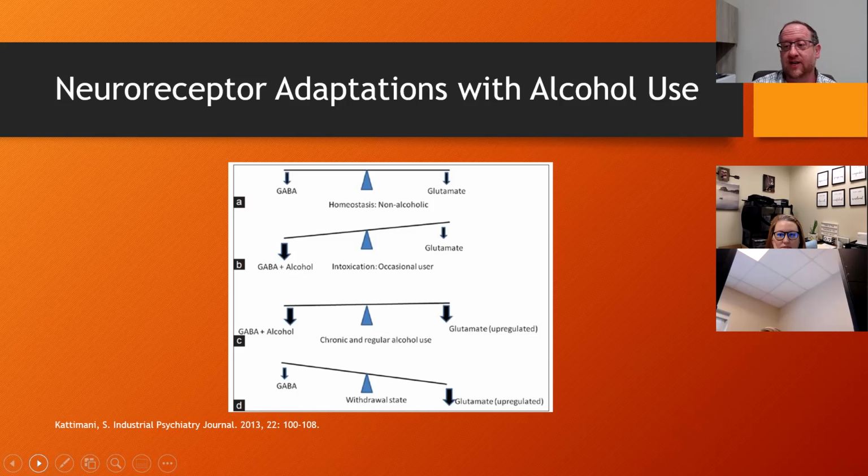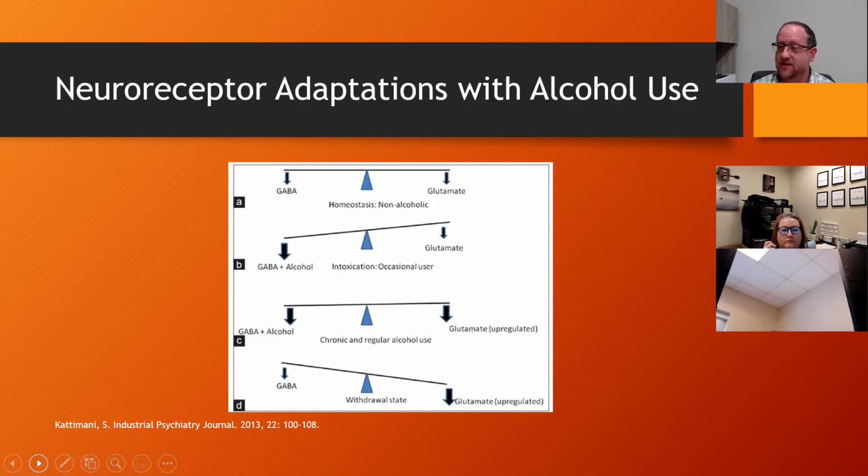When someone drinks alcohol regularly and chronically, so over a period of time, the brain itself will fight against that excessive GABA that is being caused to be released by alcohol intake by internally upregulating or activating our glutamate receptor. So it's trying to get itself back to the balance, the seesaw, and the way it does that if you're drinking alcohol is to activate those glutamates.